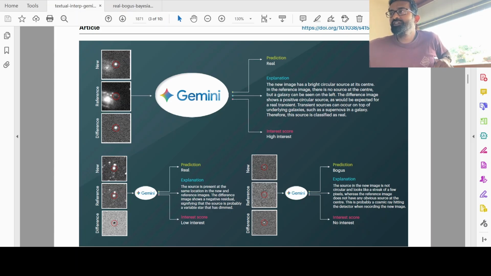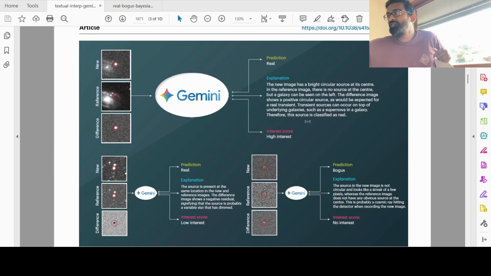So we have these 3 different images going in, and then Gemini gives the explanation. Okay, the new image has a bright circular source at its center. In the reference image, there is no source at the center, but a galaxy can be seen on the left. The difference image shows a positive circular source, which is this one here, marked with this red circle, as would be expected for a real transient.